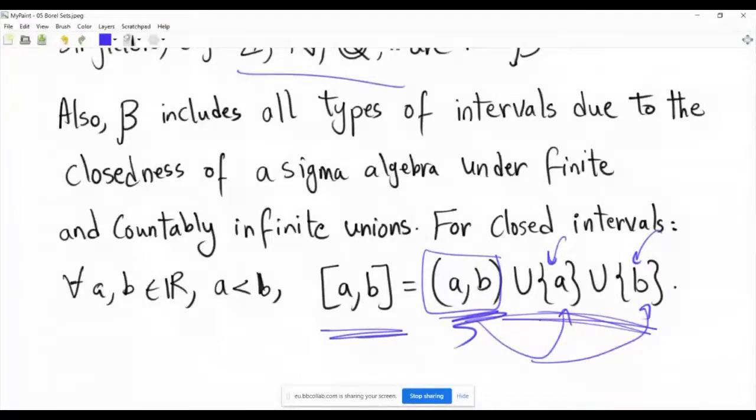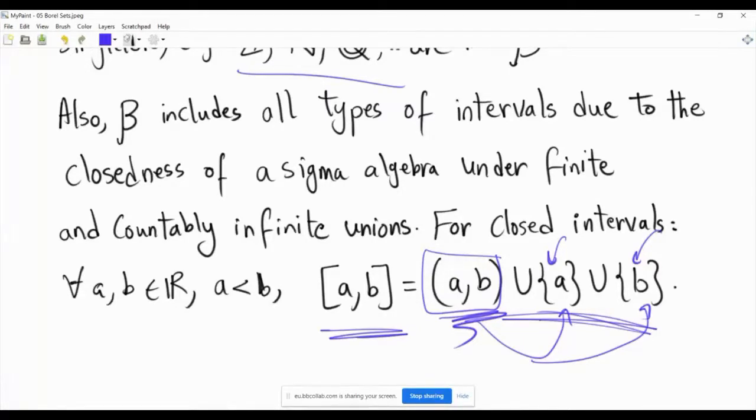Again, I emphasize that everything of practical interest is there. Typically, when we compute probabilities, we compute them on intervals, unions and intersections of intervals, and so on. Sometimes we compute probabilities on integers or rational numbers. Every one of those is a Borel set.